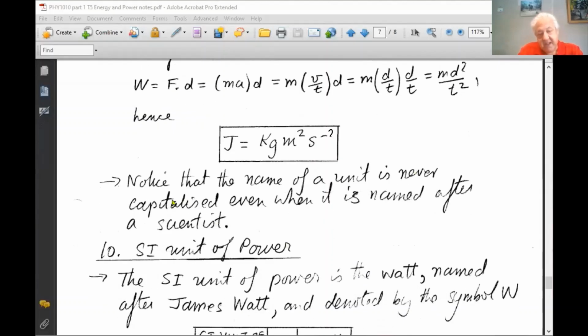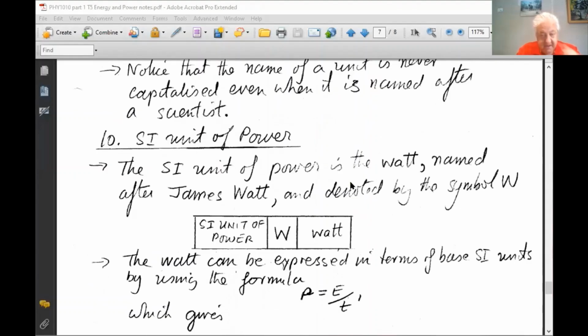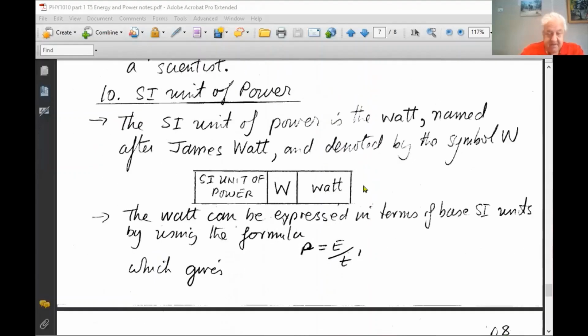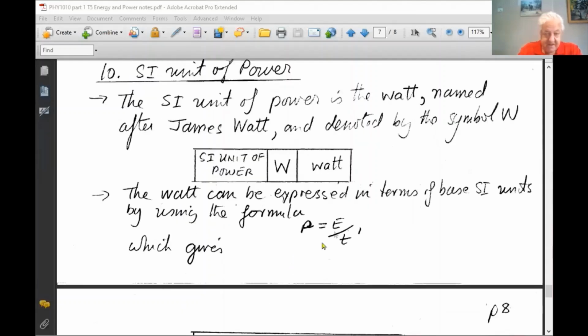Notice that the name of the unit is never capitalized, even when it is named after a scientist. Now the SI unit of power is called the watt, and again, it's named after James Watt. The symbol is capital W, but it's written as a lowercase watt. We can express this also in terms of base SI units, again by using the formula.